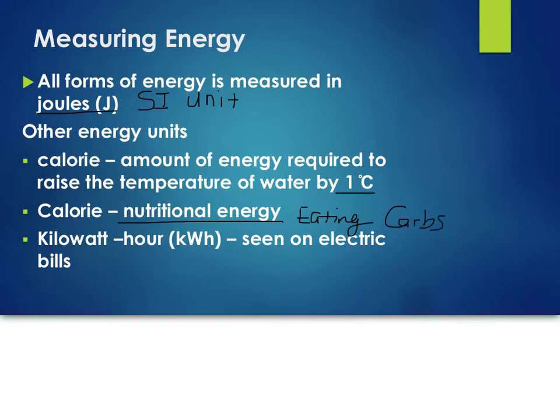That's what we're talking about when we're mentioning the big cal, and that is the one with the capital C. Then you also have the kilowatt hour, which is seen on electric bills. Ask your parents to see their electric bills. They'll show you it comes in kilowatt hour. That tells you how much energy you consumed within that month in kilowatt hour.